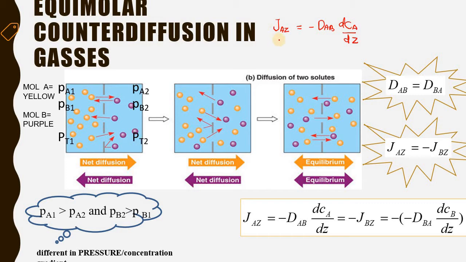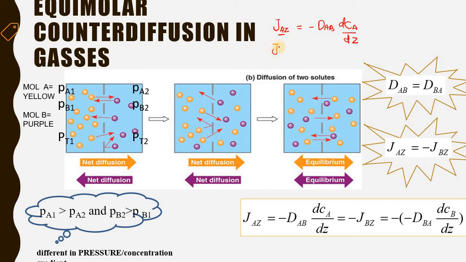Fick's law only focuses on a single component, which is A. So how about when we have another component, component B? How can we calculate the molar flux?